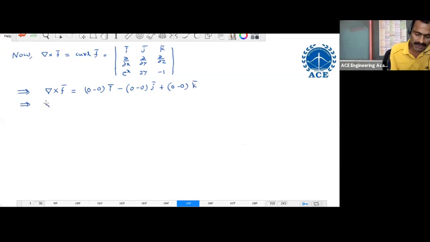So del cross f bar equals 0 into i bar plus 0 into j bar plus 0 into k bar.